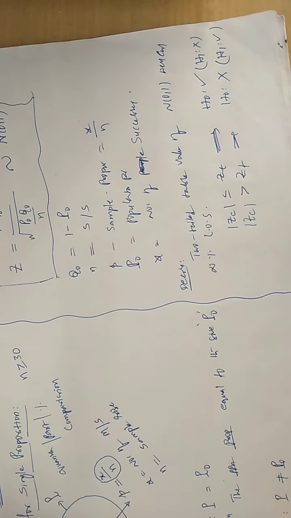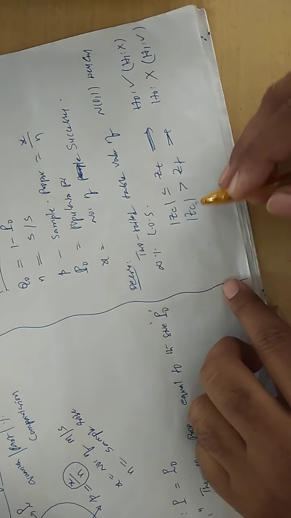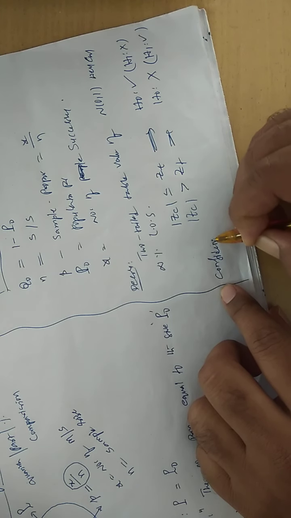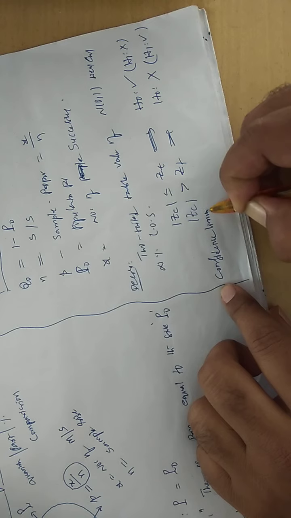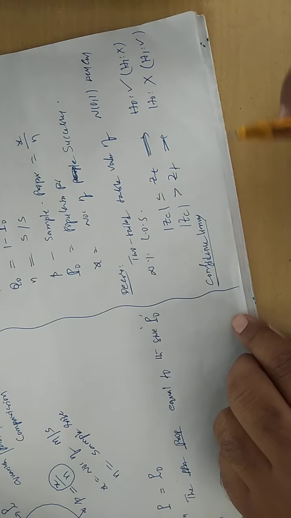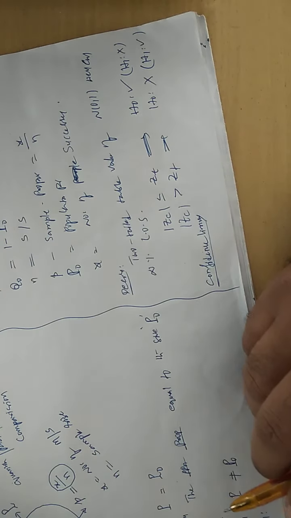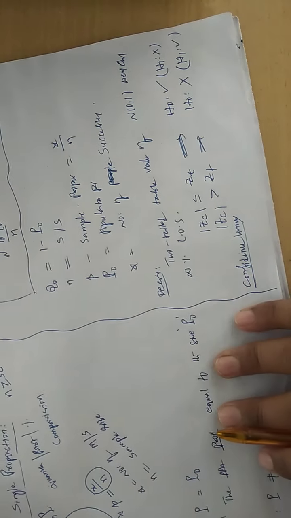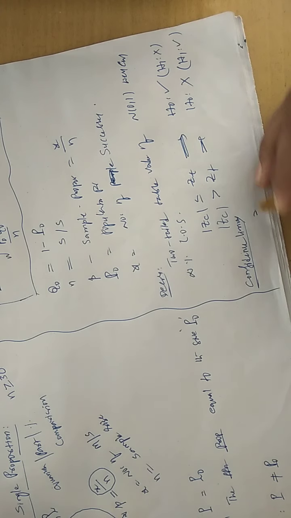Okay. So then what are the confidence limits? Very, very important. Confidence limits. Or else, what is one more name? Fiducial limits. The fiducial limits can be written like this.